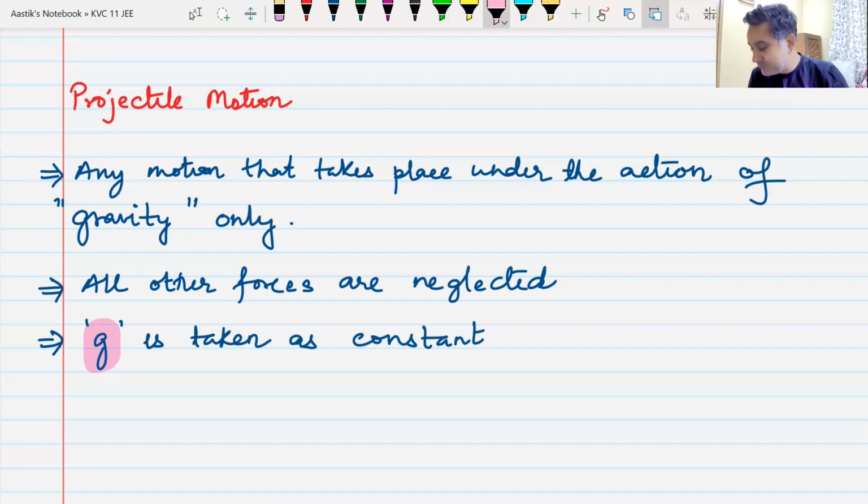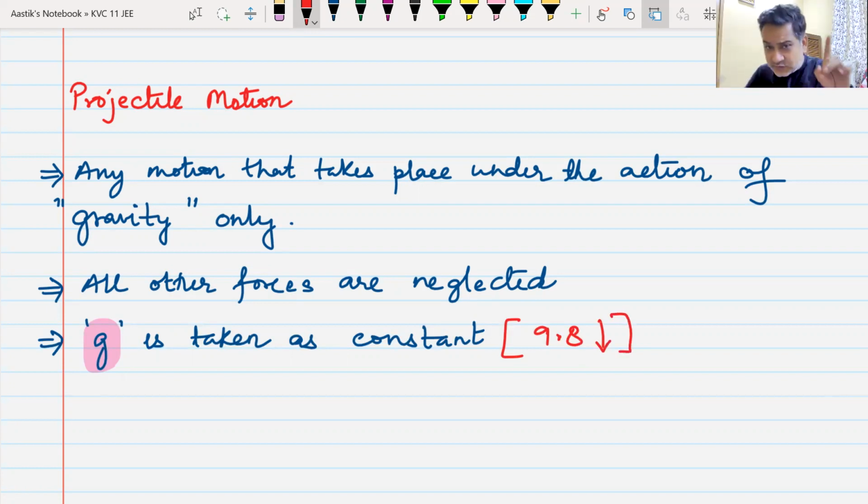Acceleration due to gravity. But there is a difference between gravitational force and acceleration due to gravity. Gravitational force is a force. Acceleration due to gravity is the acceleration that that force produces. Both are different. Remember that. G is taken as constant, so we will always take it as 9.8 or 10, and it will be always acting downwards. It is actually not exactly downwards. That is how we take it.